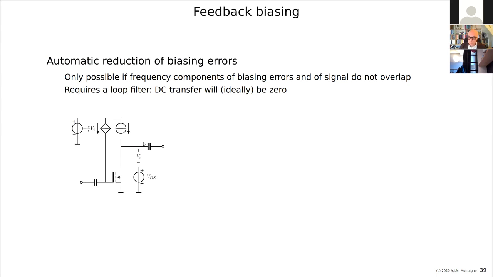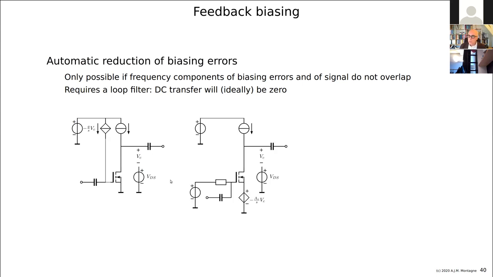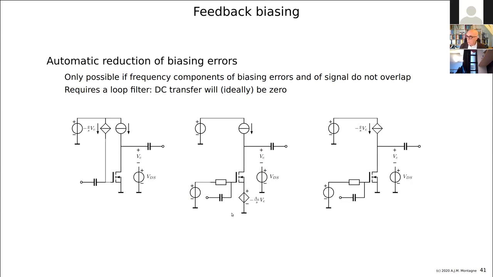Of course, you could have done it in another way as well. Here, for example, I used the biasing where I tie the gate to some kind of reference voltage, and I control this voltage so that the current will be such that the voltage here is exactly VDS. So here I have another type of feedback. And there's another one here in which I control with this current source.